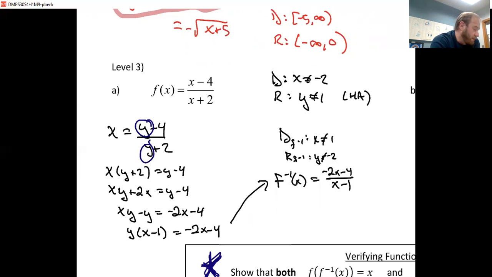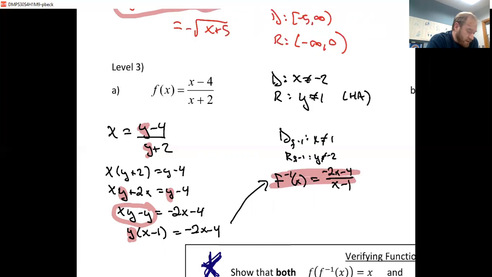Then we have 2 different y's on opposite sides of the equation when we multiply by the LCD. What we need to do then is combine them onto one side, factor out the y, and by factoring out the y, now we can get y by itself through division.